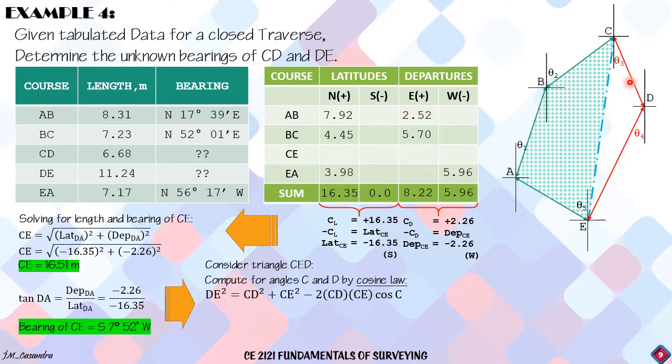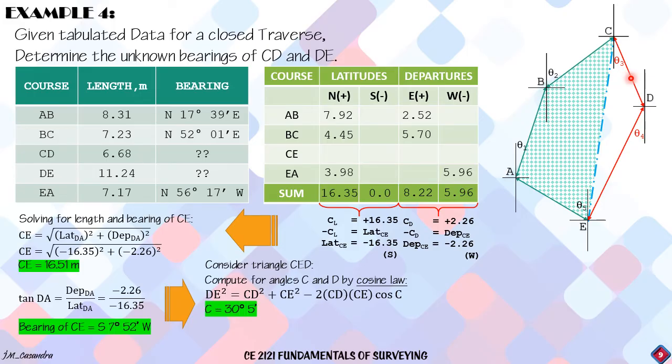So for this, we now have DE, which is known, squared equal to CD squared plus CE squared minus 2 CD CE cosine of C. So C now is computed as 30 degrees 5 minutes.